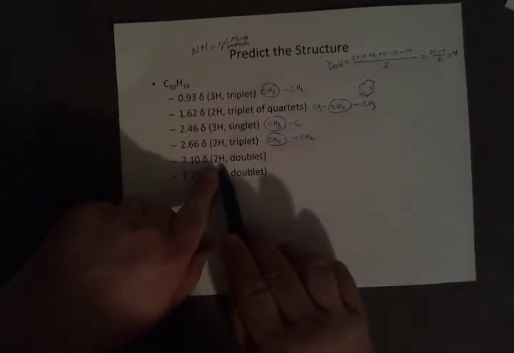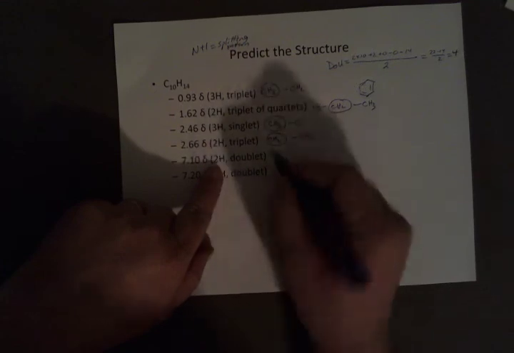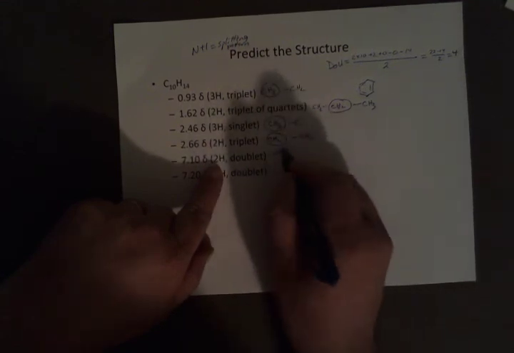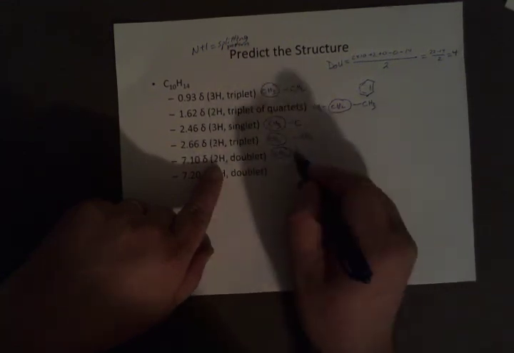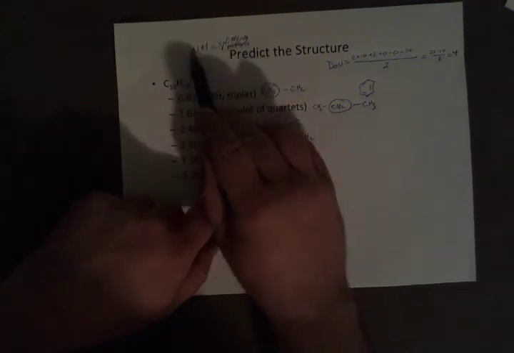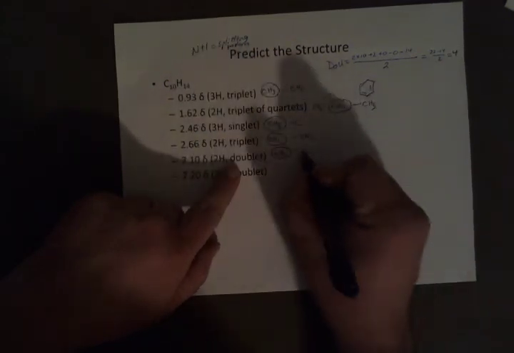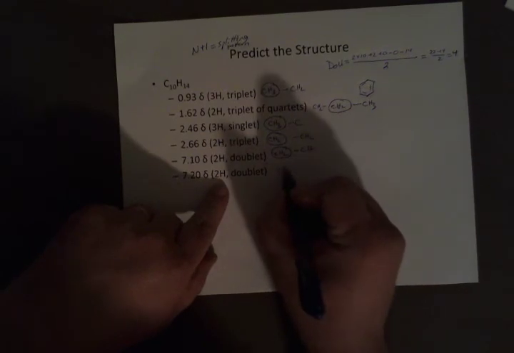This one here, again CH2. What would be next to it? A doublet, so what plus 1 equals 2, so it would be CH. Same thing down here, CH2, CH. So you can look at those.